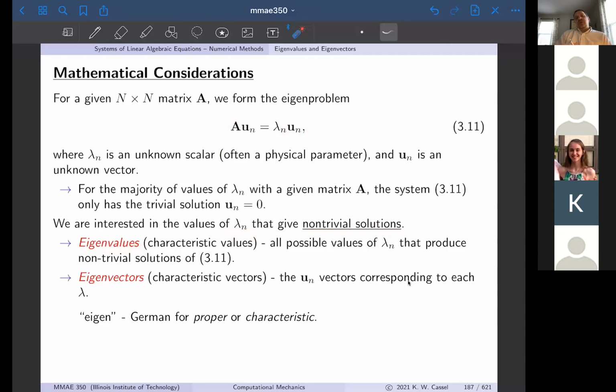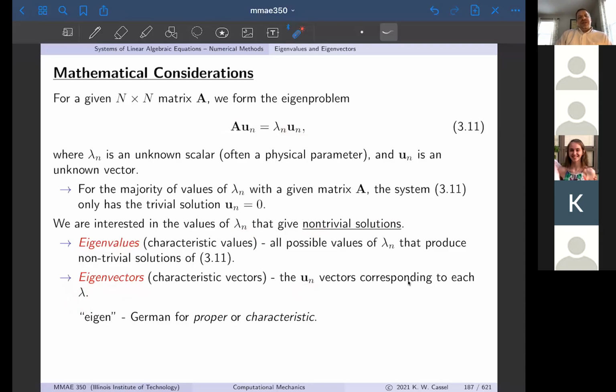In fact, there's only capital N of them, given by the size of the matrix A. They're special in the sense that when you multiply A times U, you get back U, but just scaled longer or shorter. So a vector pointing in the same direction, just scaled longer or shorter based on the value of lambda. Those U's then are the eigenvectors. So for each lambda, there's a corresponding U.